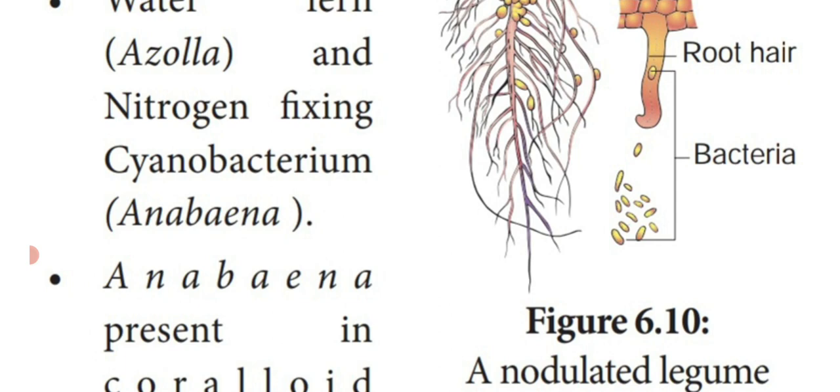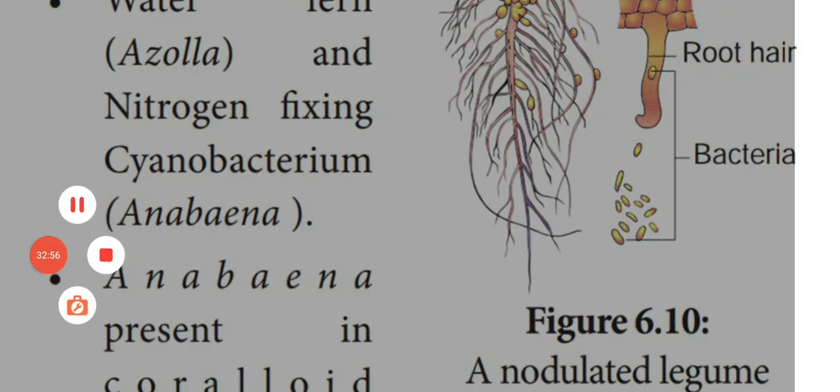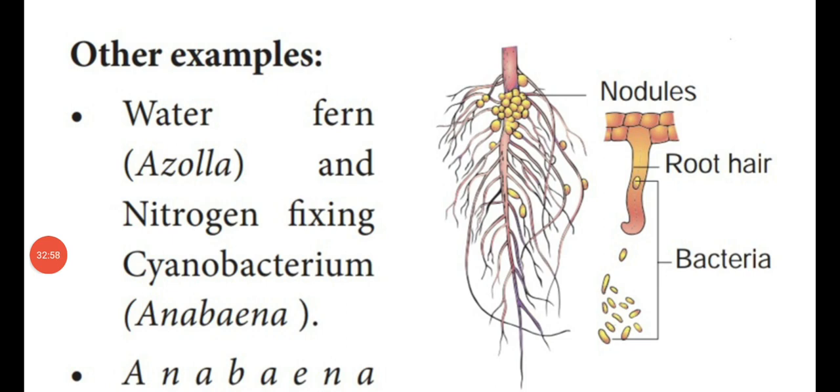So this mutualism is one of the positive interactions. That means both the organisms are beneficial. That is said to be positive interaction. Dear students, up to this we have seen what is mutualism.